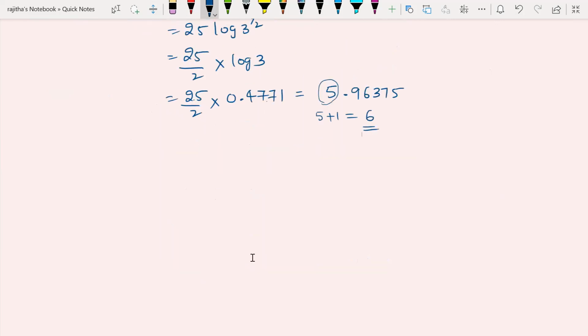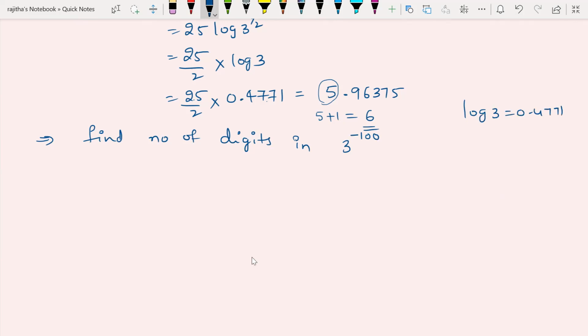Sometimes they ask for the number of digits in 3 power minus 100, with the same log 3 value.